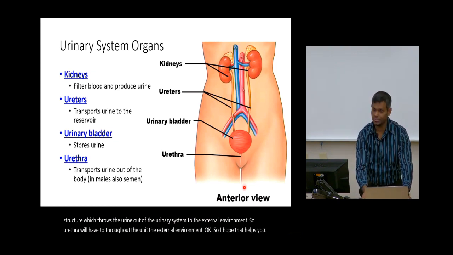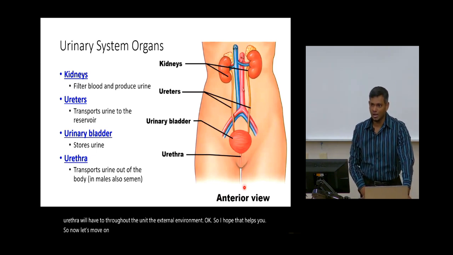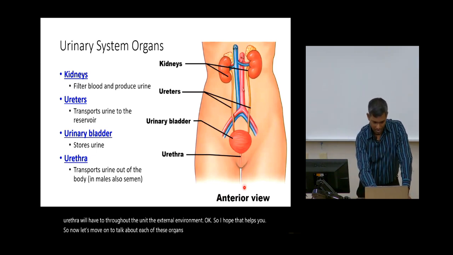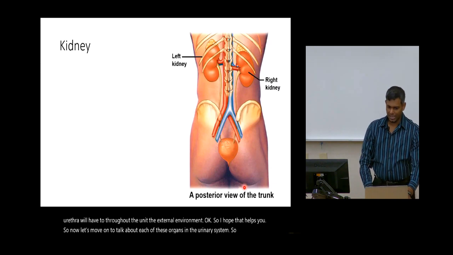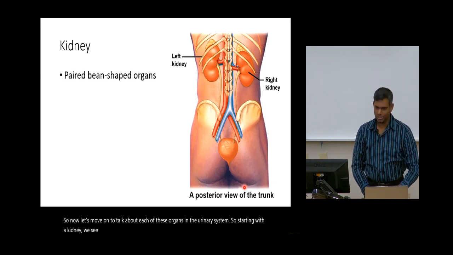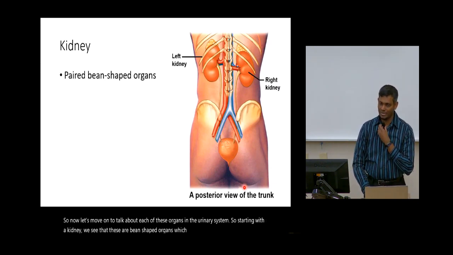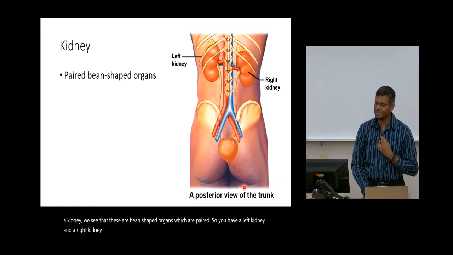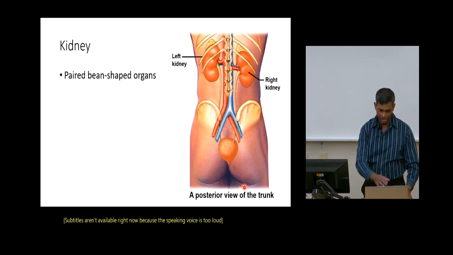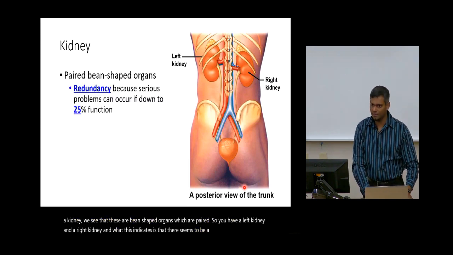So now let's move on to talk about each of these organs in the urinary system. So starting with the kidney, we see that these are bean-shaped organs which are paired. So you have a left kidney and a right kidney. And what this indicates is that there seems to be a redundancy in the function, right?